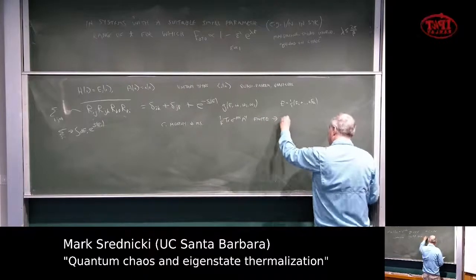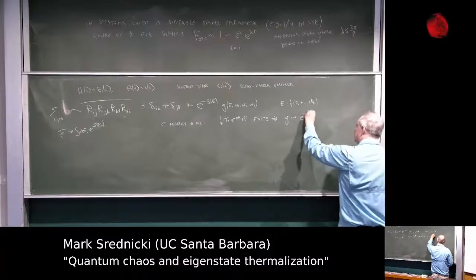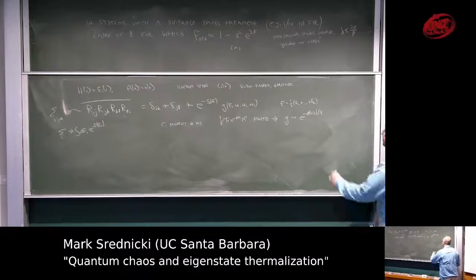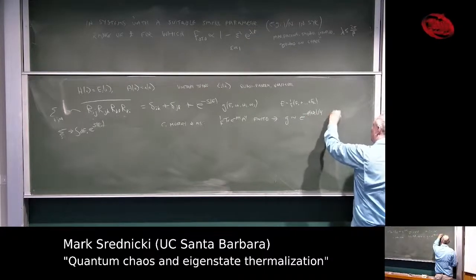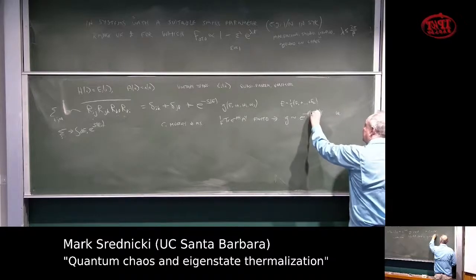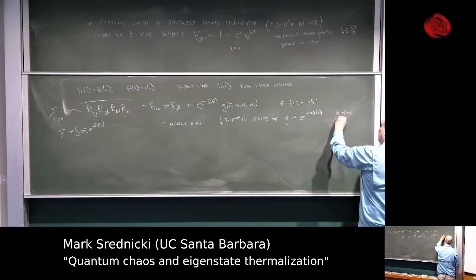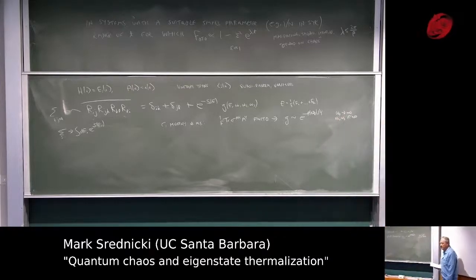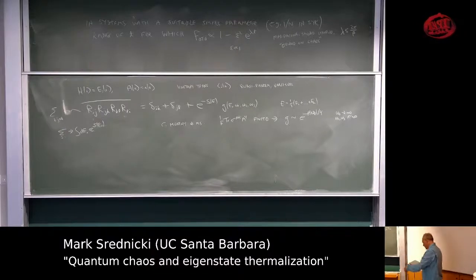After a fair amount of work, one can show that this implies that the g function has to fall off similarly to the f function, where omega 1 is going to infinity with omega 2 and omega 3 fixed. This has to fall off exponentially. And it's basically the same argument as for the f function, except it's got more technicalities.